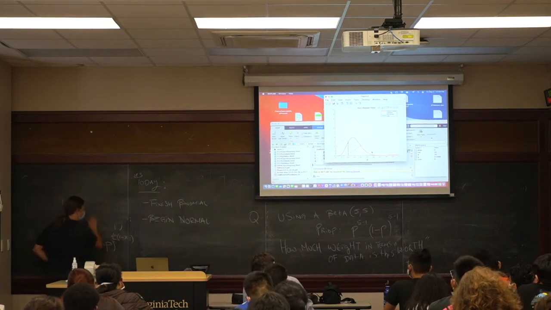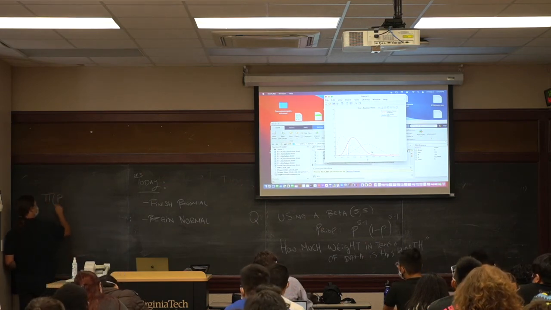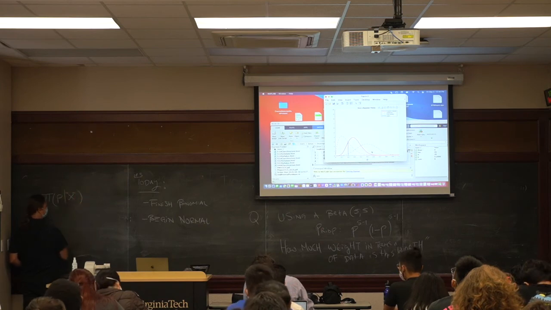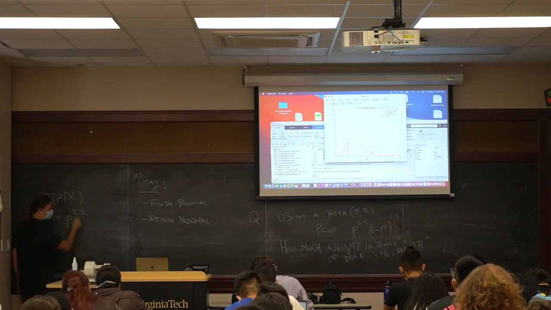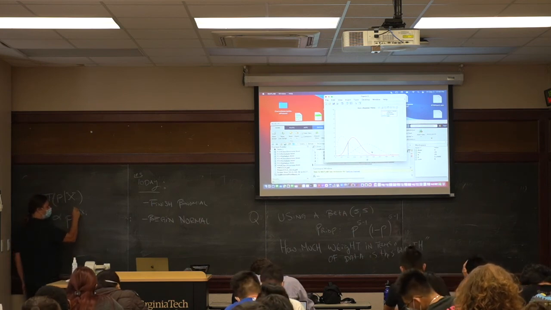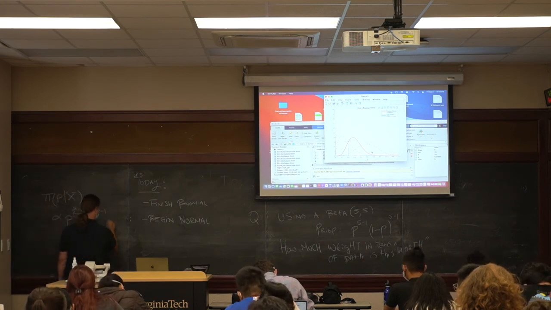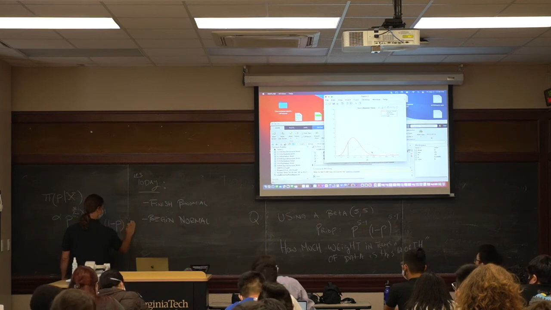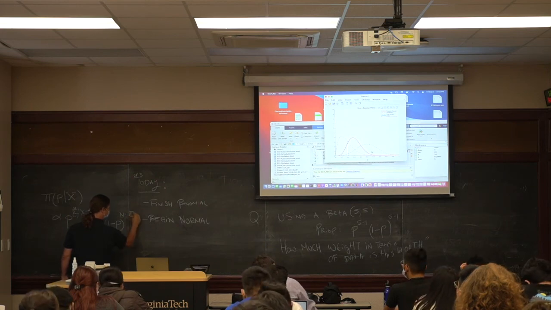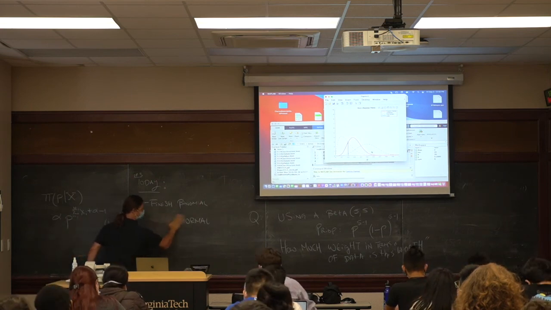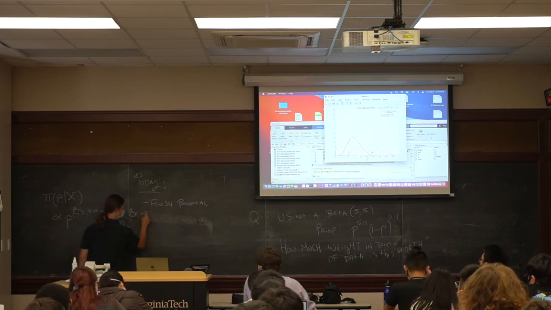Our posterior looks like this: pi of p, given all of my data, is going to be proportional to p to the sum of the xi's plus alpha minus 1, times 1 minus p to the n minus sum of the xi's, i goes from 1 to n, plus beta minus 1.